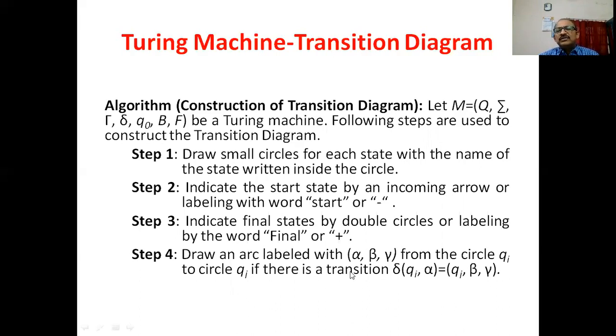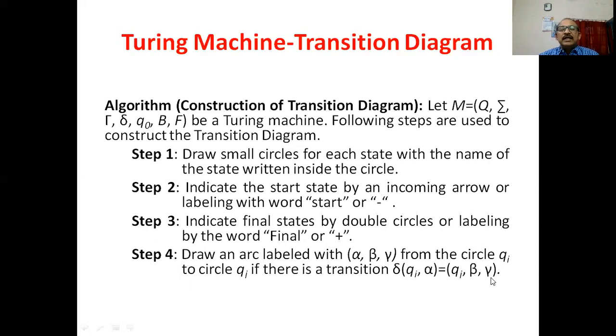If there is a transition function delta qi, alpha to qj, beta, gamma, it means the machine is in state qi, input is alpha, then it moves to state qj, replaces this alpha by beta, and moves in the left or right direction. Then we make an arc from state qi to state qj, and this arc is labeled alpha, comma, beta, comma, gamma.